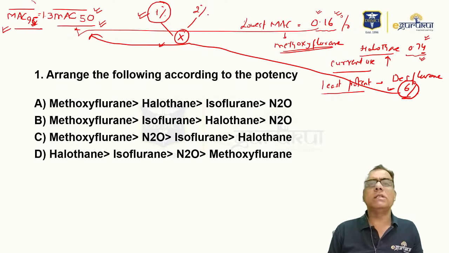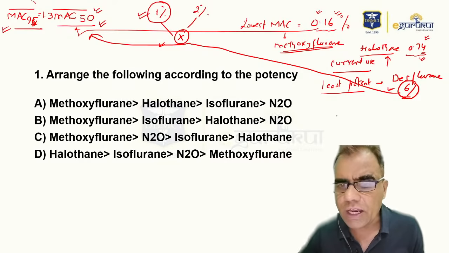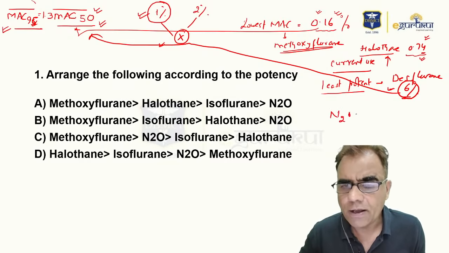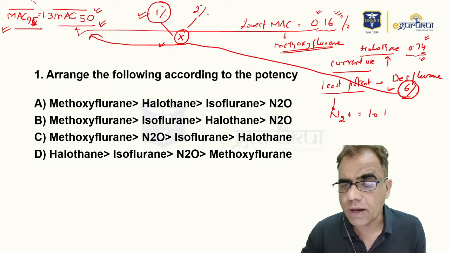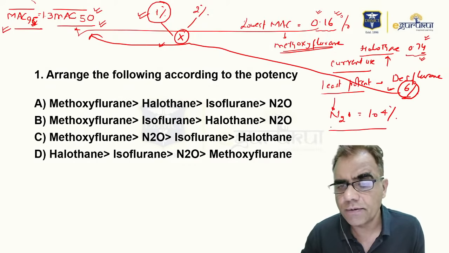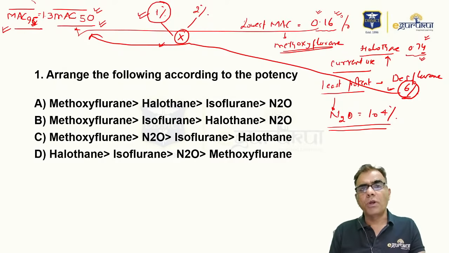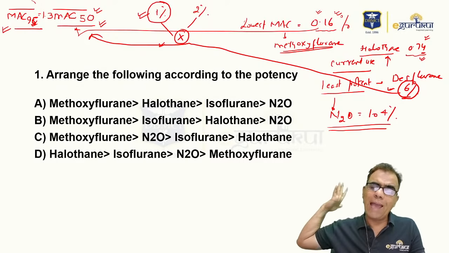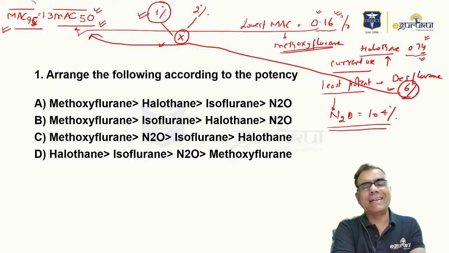However, if you include gases also, then nitrous oxide is the least potent inhalation agent, and its MAC is actually 104%. That means it cannot act as a complete anesthetic. To produce its full effect, the concentration required is 104%, so it cannot act as an anesthetic agent alone.